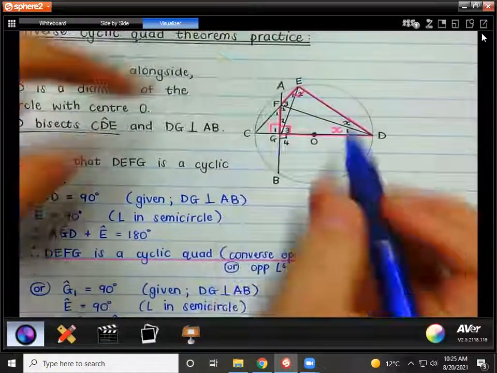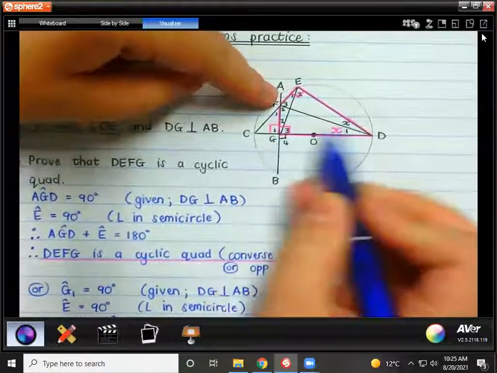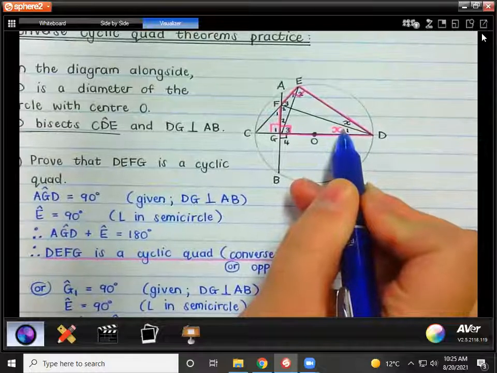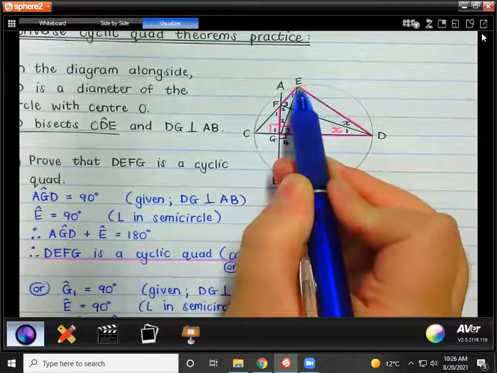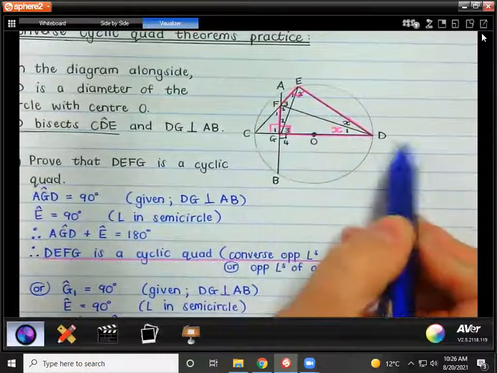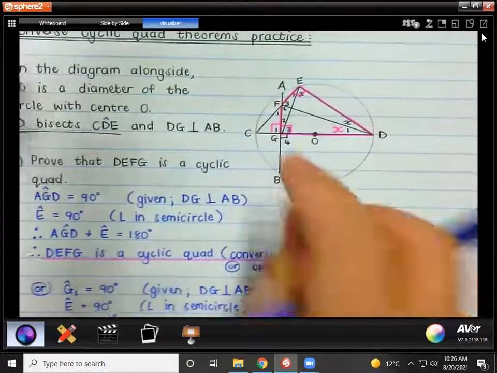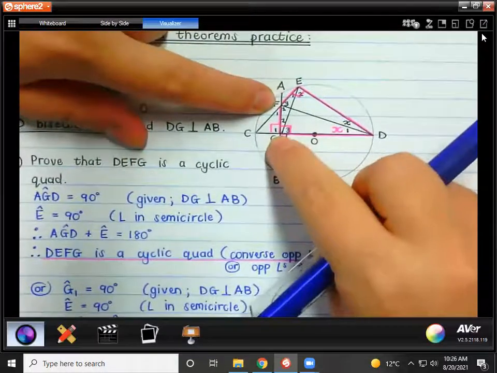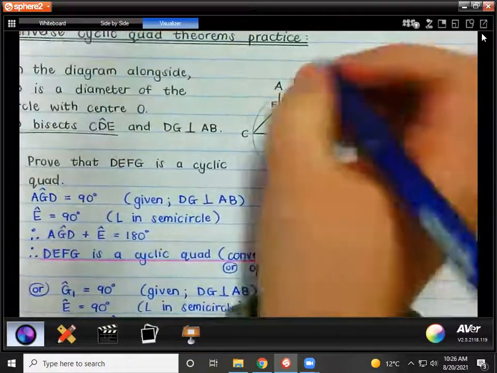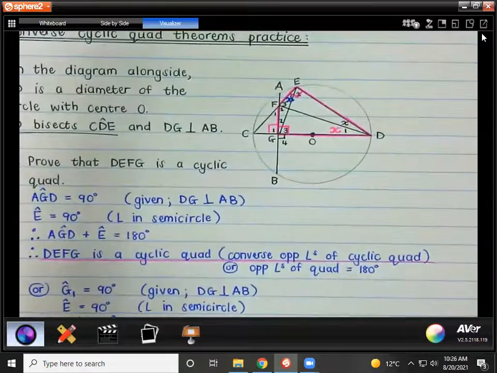So we can say that FG is in fact a chord in that new circle, and it is subtending angle X at the circumference. But guys, isn't E also at the circumference of that new circle then? Because all 4 of these points are on the circumference of this new circle, meaning that GF or FG is actually subtending E1 as well. So E1 is also going to be equal to X.